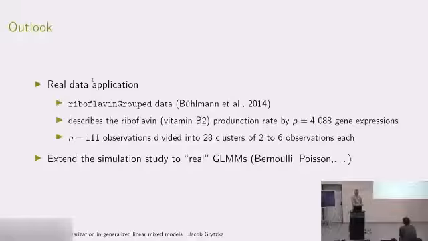We want to maybe get another data set, and we could extend the simulation study to the other families. What we also want to do maybe is add some more types of penalties. At the moment, we are only using this LASSO approximation, but maybe we can extend this as well.